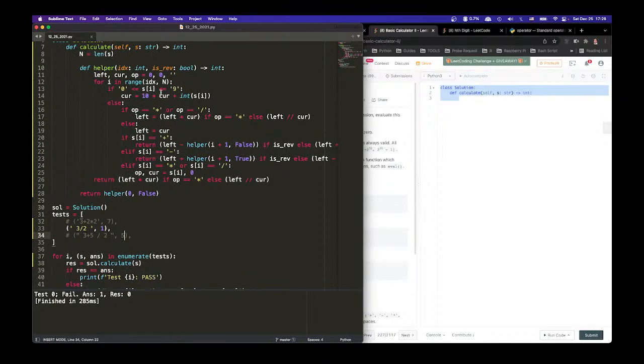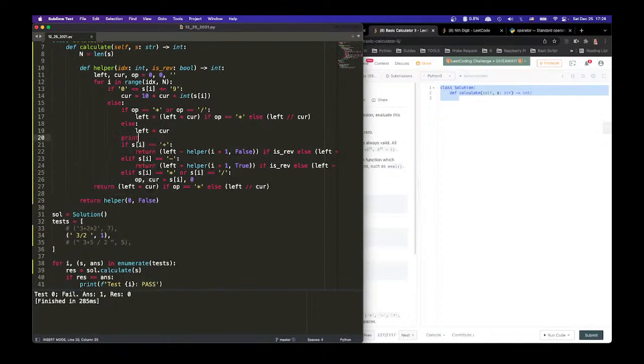Okay, so again, we're gonna put a print here. Again, left, current, I and operator. I think it's messing me up because of operator. Oh, that's fine. Left current is 0.